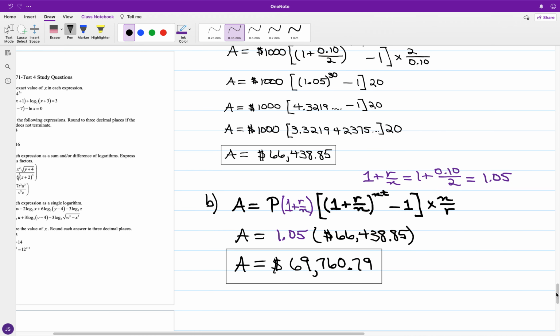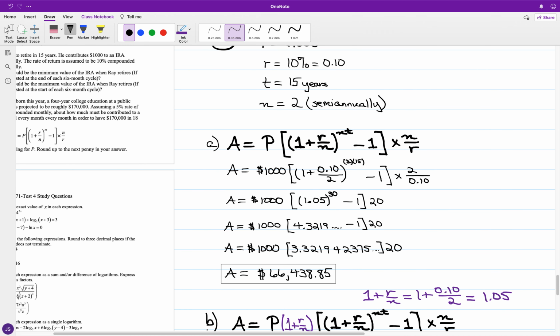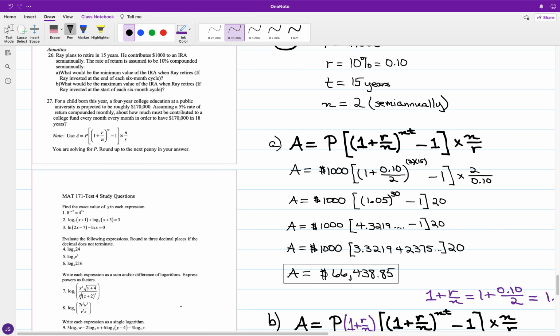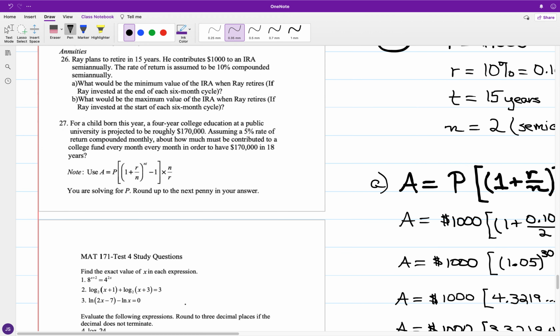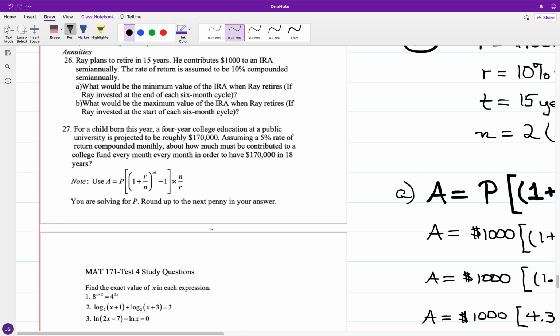Now for number 27, you've got the annuity formula, but you're looking at it from a reverse perspective. By reverse, I mean that you know what the future value is, and now you're trying to determine how much has to be put in every cycle.